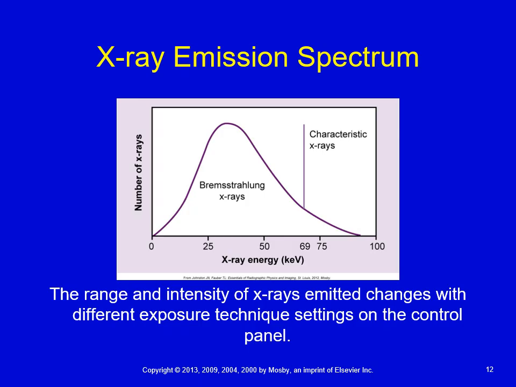So let's say you set 75 kVp for that exam. Brems X-ray photons will have energies from just above 0 up to 75 kVp. If your kVp was 55, Brems X-ray photons will be produced in a range from just above 0 up to 55 kVp.